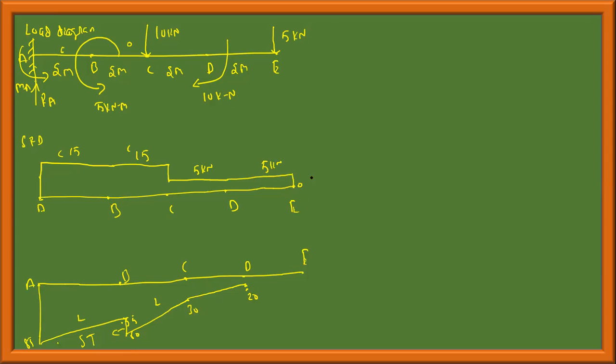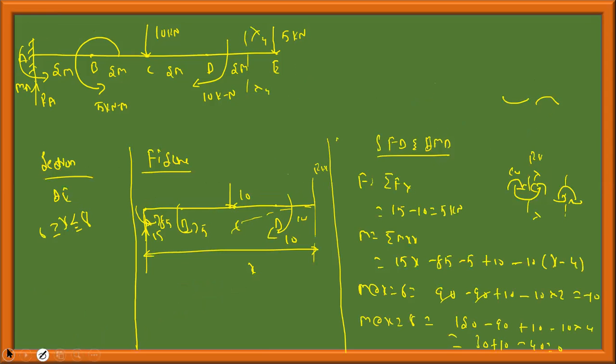Why? Because if you take the section towards the right-hand side, and the force is acting downwards, this is positive. This is negative shear force; this is positive shear force. Okay. And for bending moment, this is minus 10 and 0.